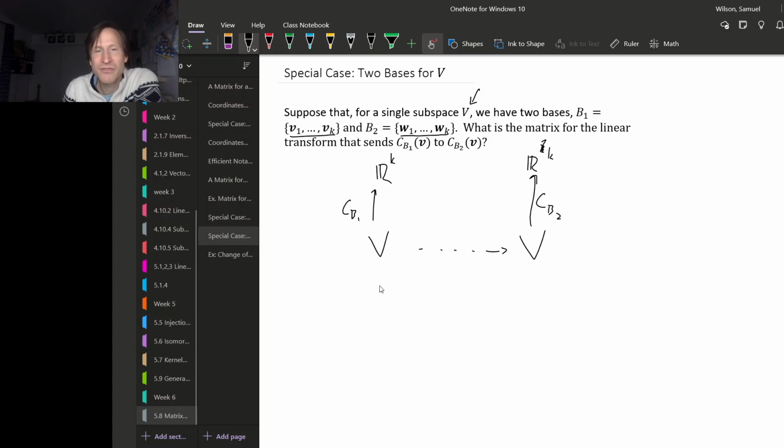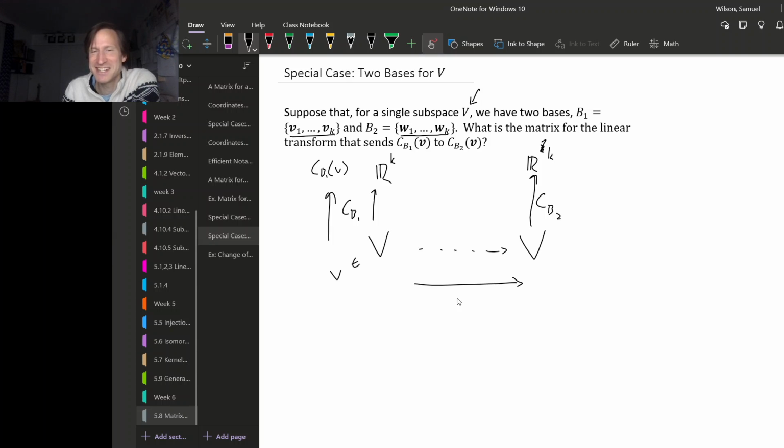if we had a vector down here, we could get its coordinates by hitting it with the coordinate map like this. To get its coordinates relative to the second basis, we don't want to change it. So this linear transformation should be the linear transformation that doesn't change anything.